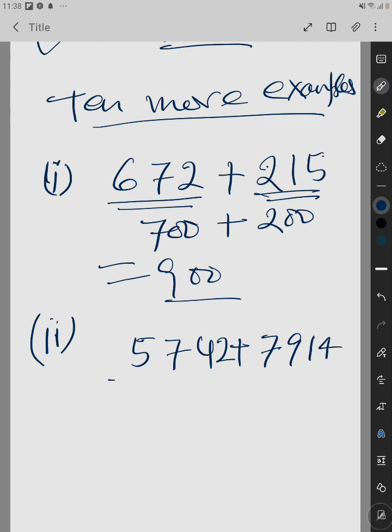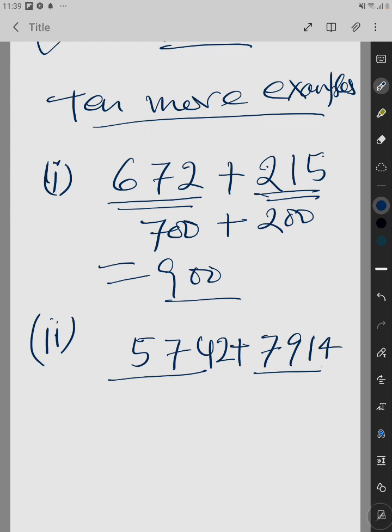Here we will take the nearest thousand. Why are we taking 1000?